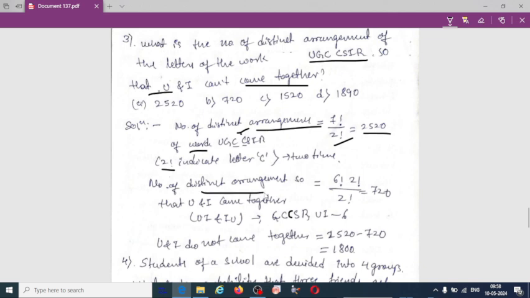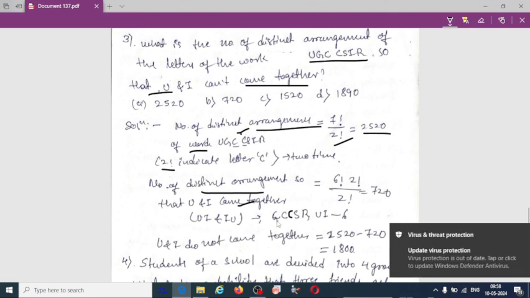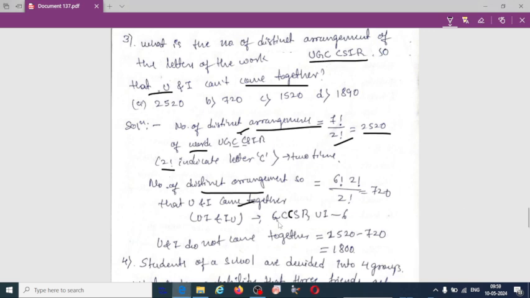Number of distinct arrangements so that U and I come together: we can have UI or IU. So here in UGC CSIR, we should write only G, C, C, S, I, and remove R. Then U and I is one pair we are taking.